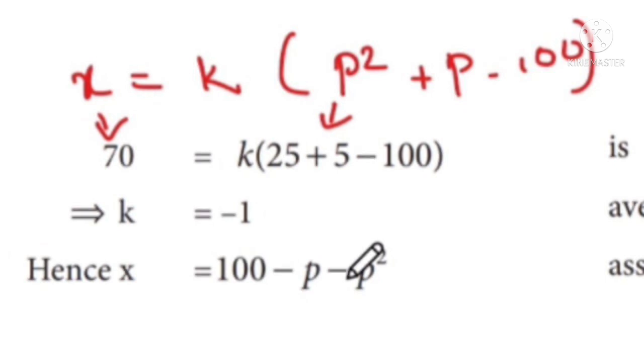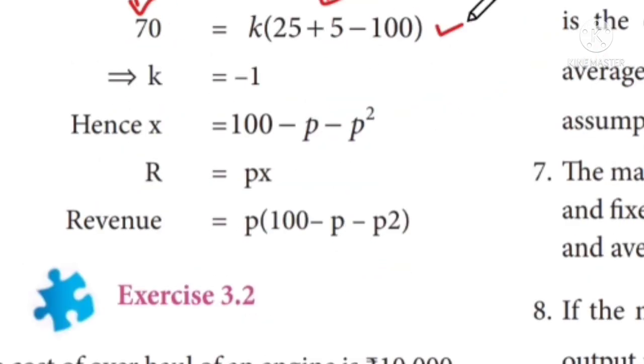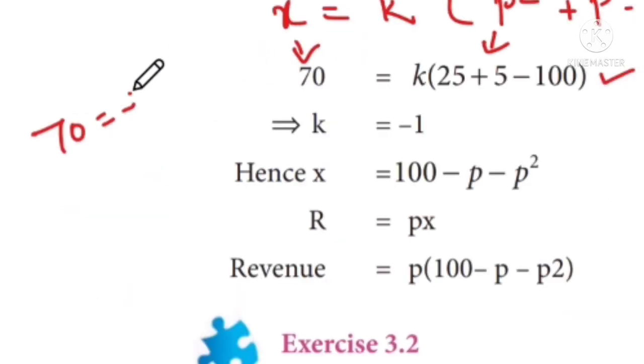You put x is 70 and p is 5. So we get 25 plus 5 minus 100. So that is 25 plus 5, 30, minus 100 is minus 70. So 70 is equal to minus 70k. So k is minus 1.